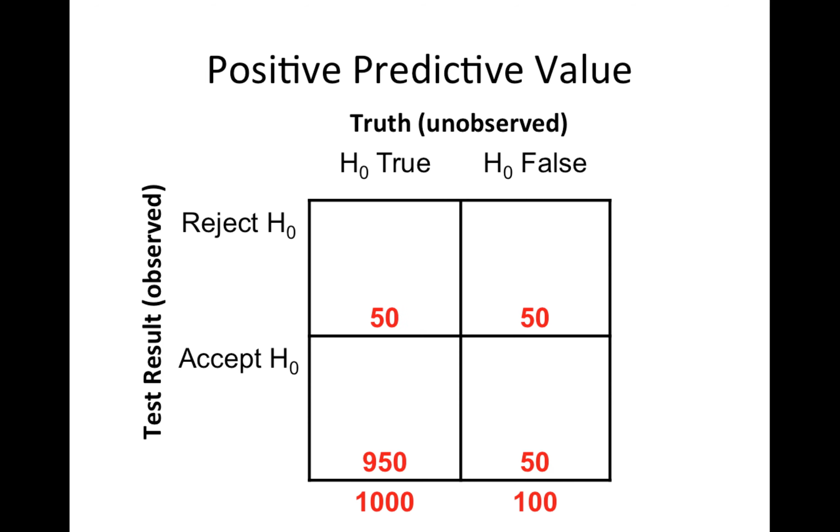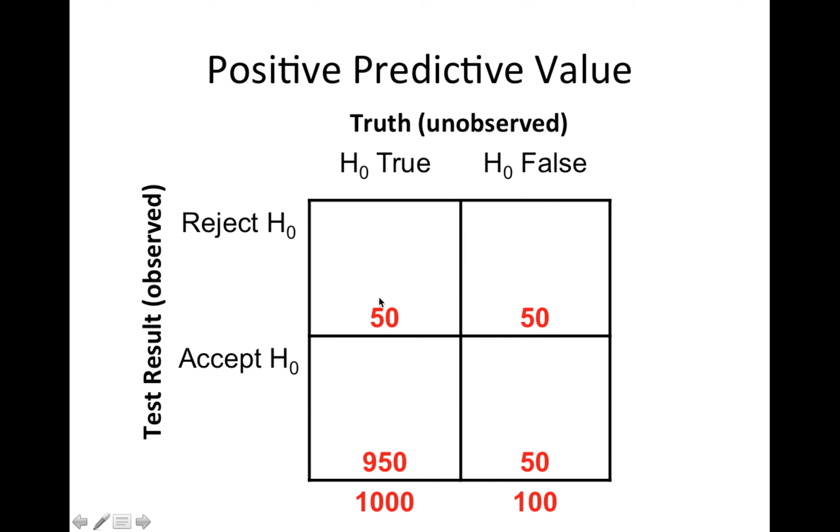Anyway, let's say we have 1,100 voxels, and the oracle tells us that 1,000 of those voxels are not active, the null is true, and 100 of them actually have signal in them.